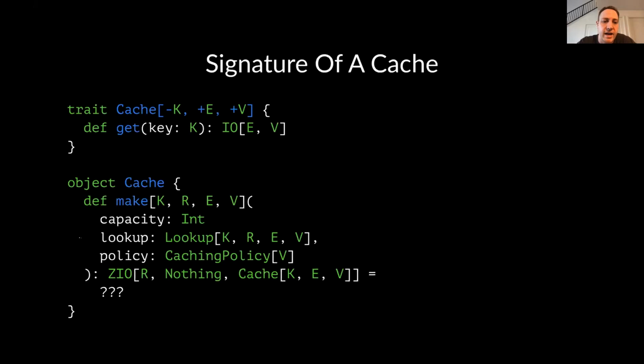And then we can create a cache by just specifying a capacity for the cache, a lookup function, which we're going to talk about in one second, and a caching policy, which we're also going to talk about. So what does this get us?